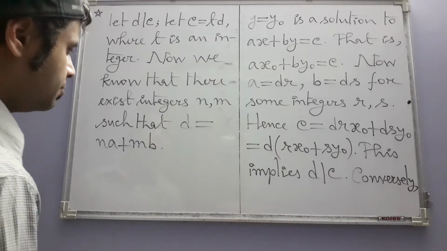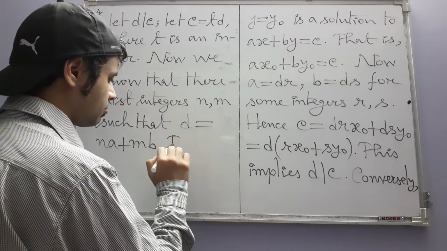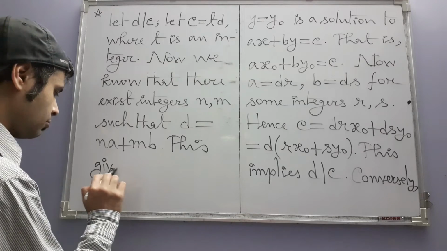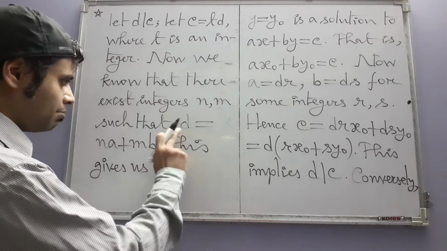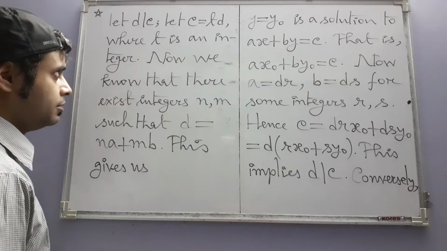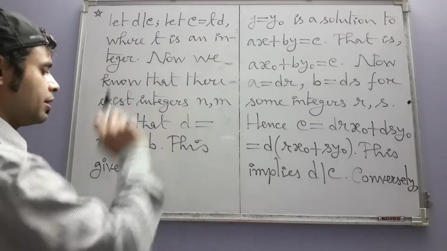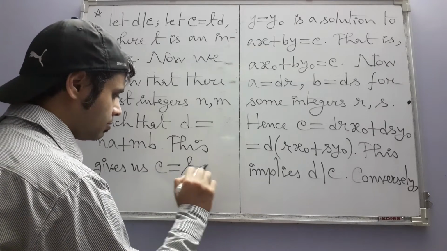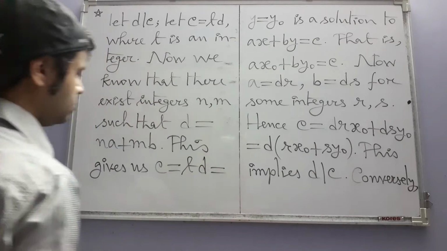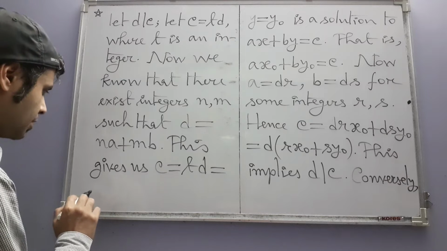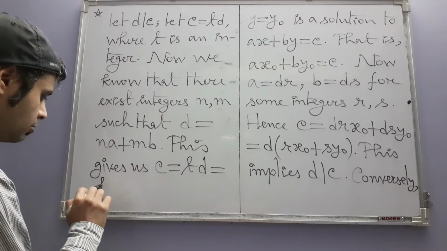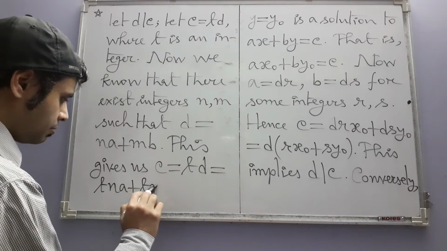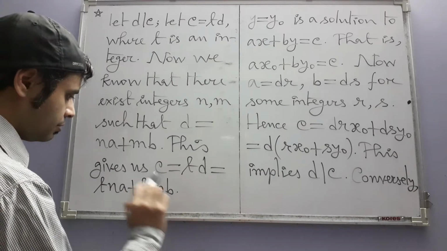Now what we do, we multiply throughout by t, because td will give us c, that is c equal to td, which from this equation becomes tna plus tmb.